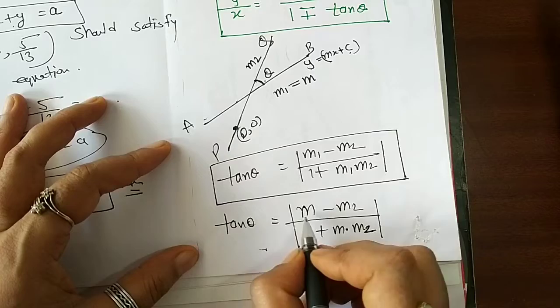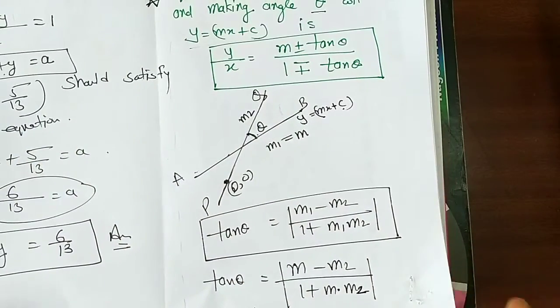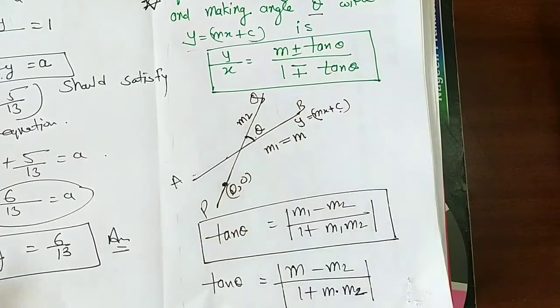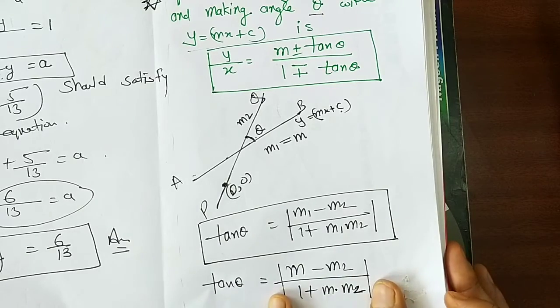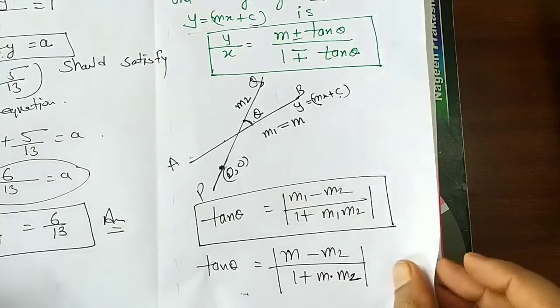That's it. I don't even know the values of m and tan theta, so I will go ahead and use it as it is. Anyway, in the question I have to prove in terms of m and tan theta only. So guys, if this is mod, how to get rid of mod? On the other side I have to put a plus or minus sign. That's how we solve it.